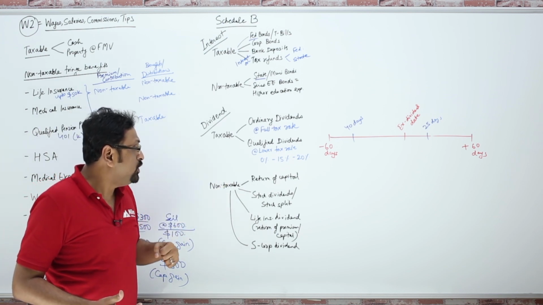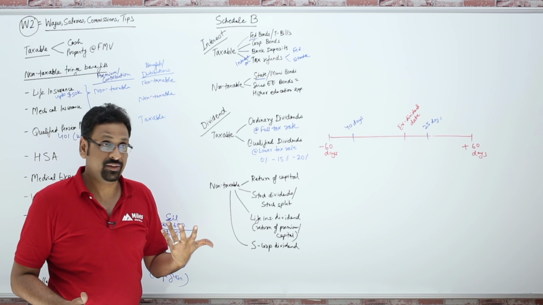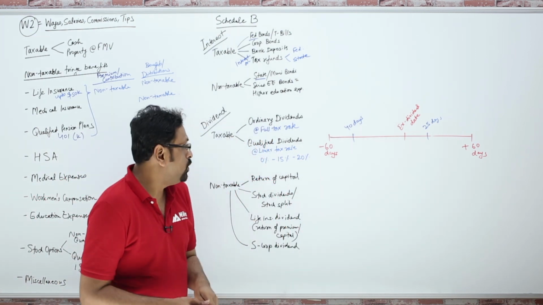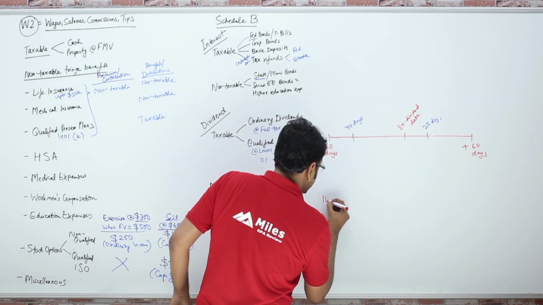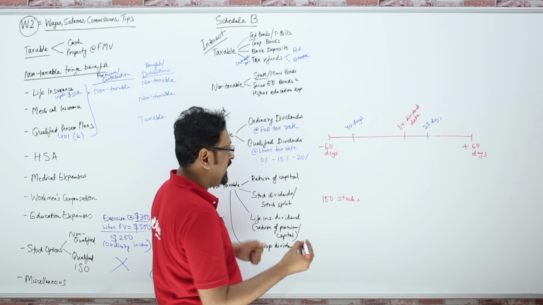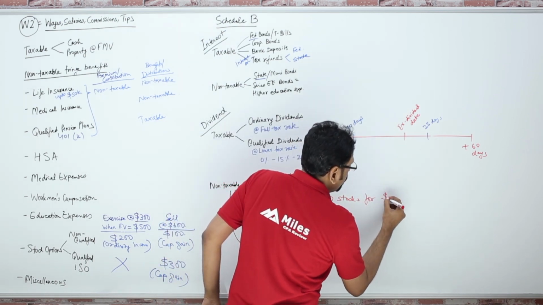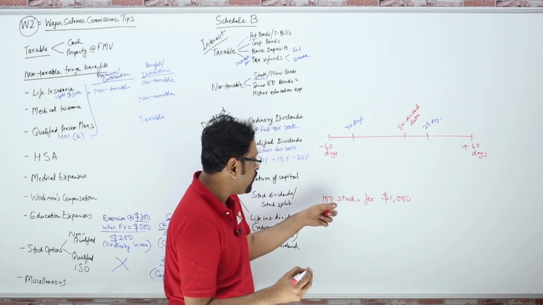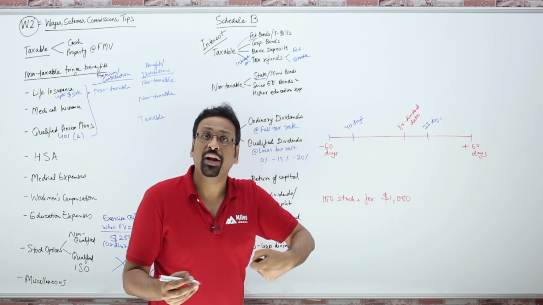Let's say you get stock dividends. Let me give you an example. Let's say you buy 100 stocks of a company and you pay, let's say, $1,000 for those 100 stocks. So basically, you pay $1,000 for 100 stocks. That's $10 per stock.